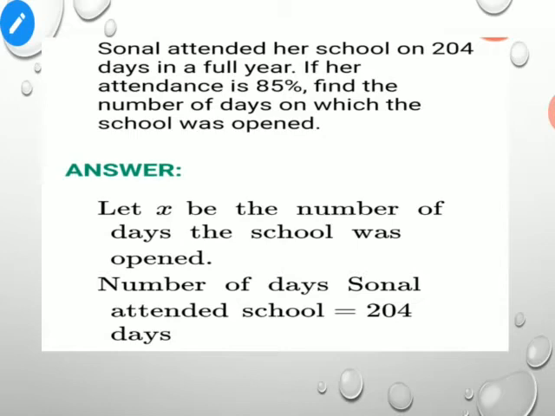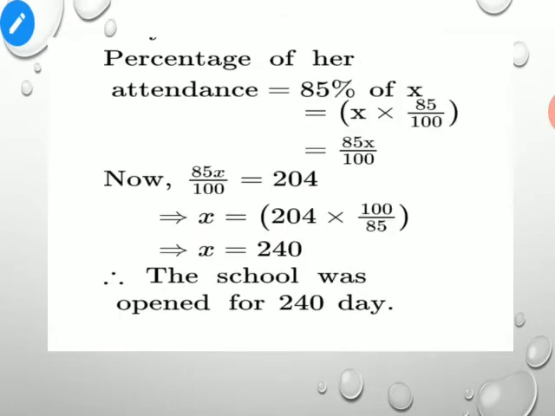So the percentage is given, 85%, and its value is also given. So let us consider that the number of days the school was opened was X. Now the number of days Sonal attended school is 204. Now the percentage of her attendance will be 85% of the total number of days the school was open.